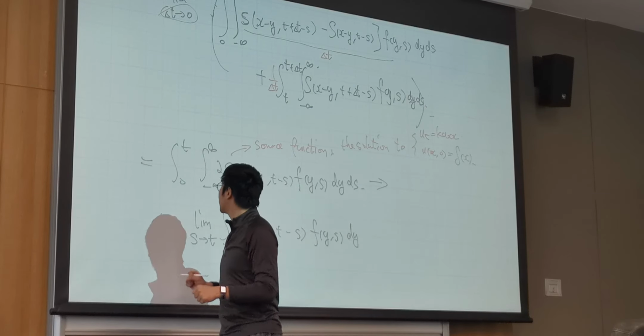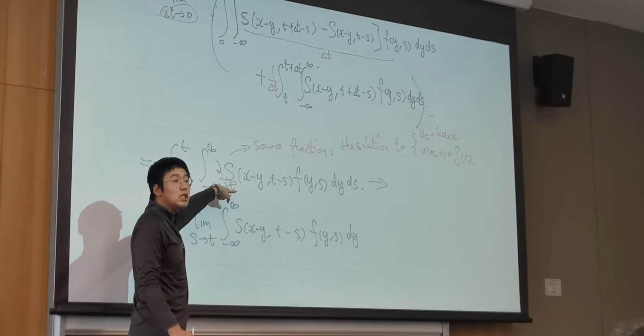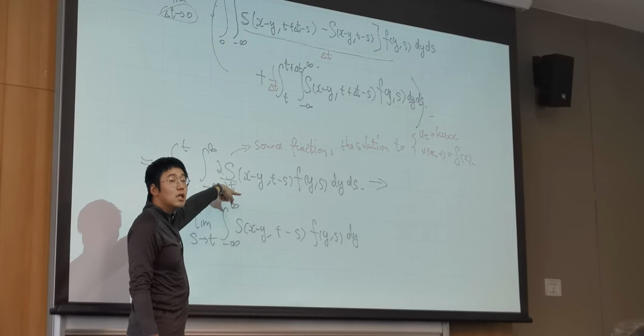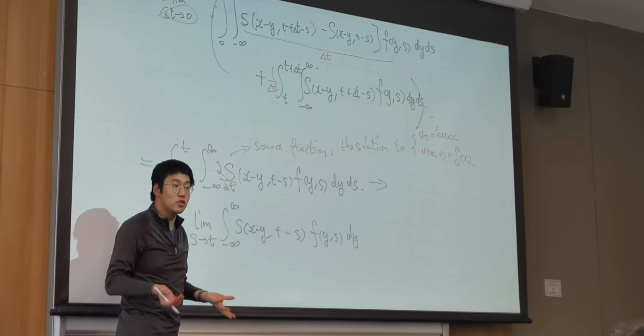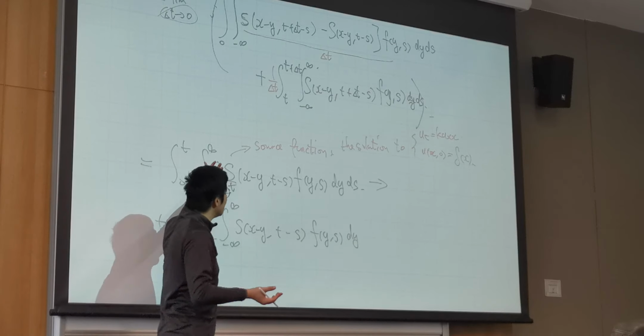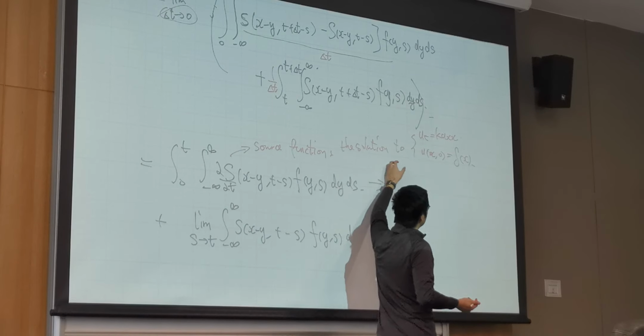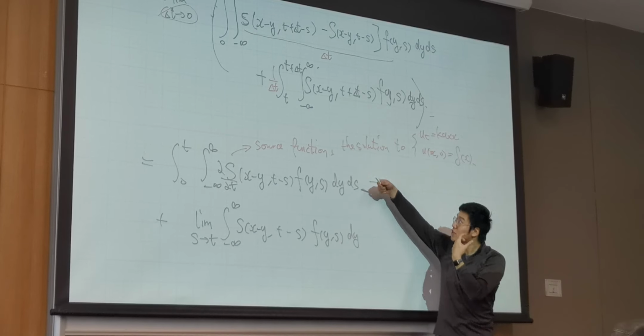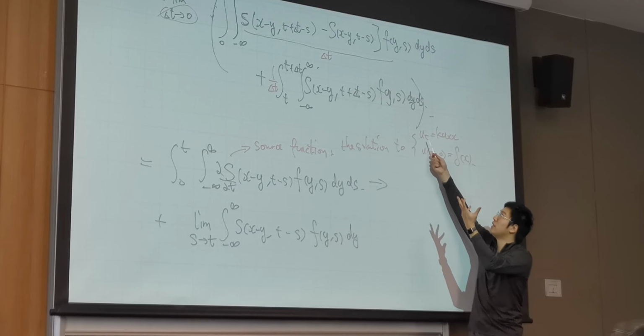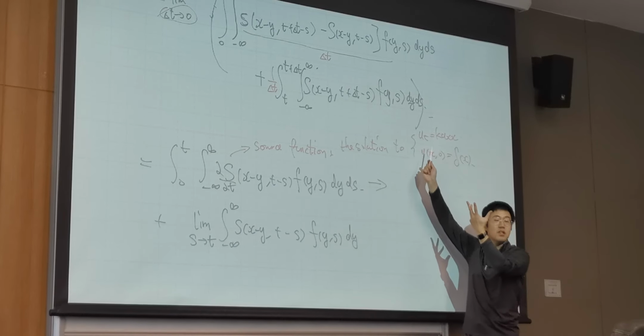Since my S is also a solution to the diffusion equation, what can I say about my partial S partial T? Any solution to the diffusion equation satisfies u_t equals k u_xx.